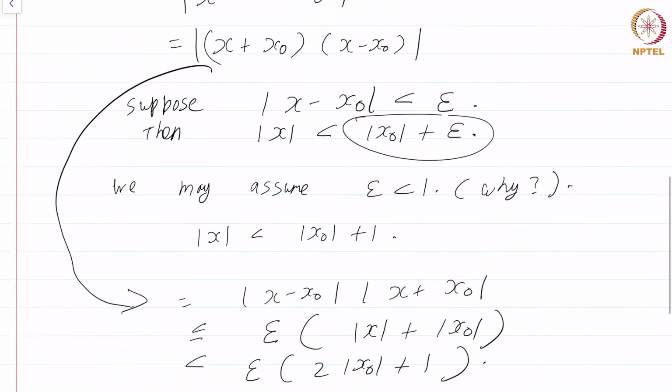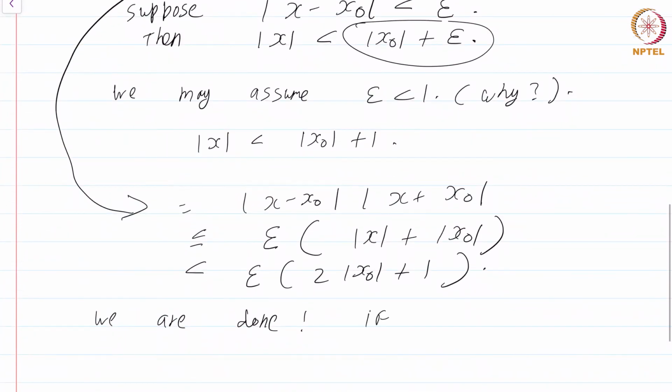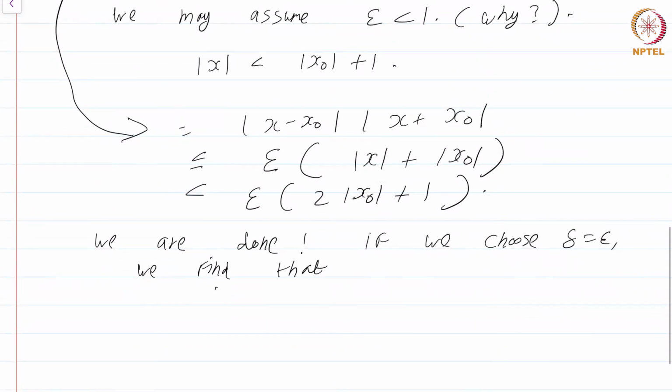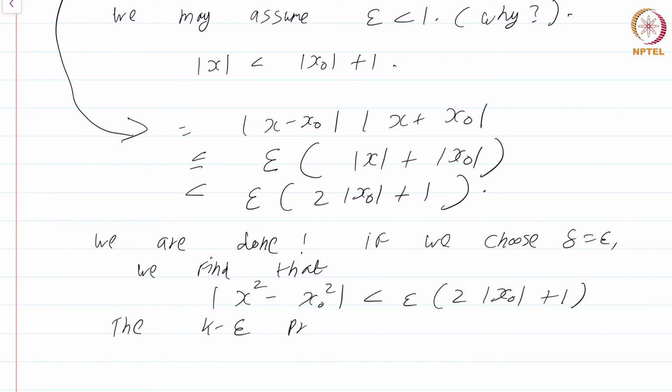What we have done is, if we choose delta equal to epsilon, we find that mod x squared minus x naught squared is less than epsilon times 2 mod x naught plus 1. This is not what we want, right? We want it to be less than epsilon. But wait a minute. The k epsilon principle delivers the proof.